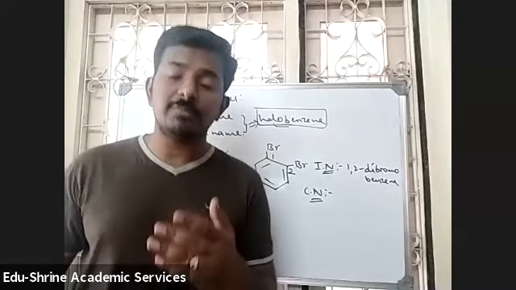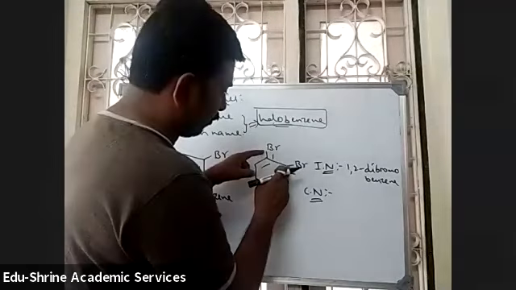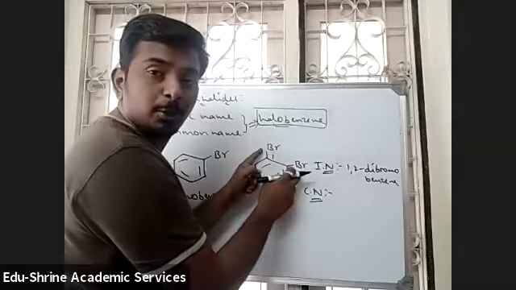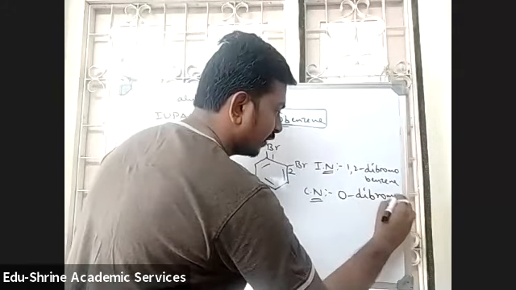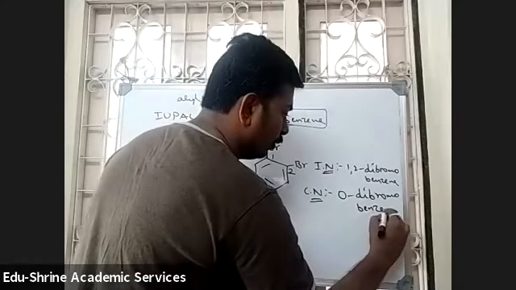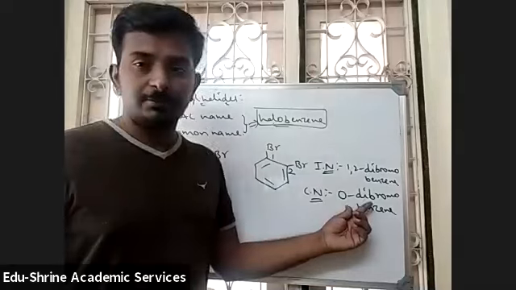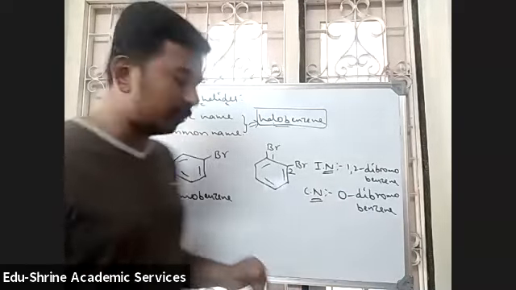You remember the terms ortho, meta and para? Ortho is the one we give when both are at adjacent positions. Both the bromines are at adjacent positions, so it is called ortho. There are two bromines, so it is ortho-dibromobenzene. You don't need to write the complete word ortho; O represents ortho.